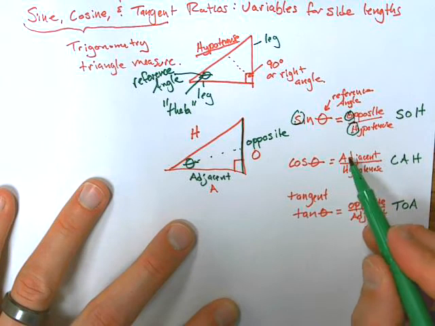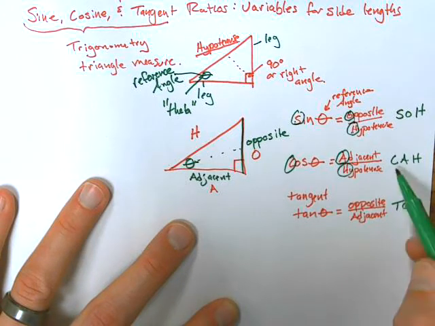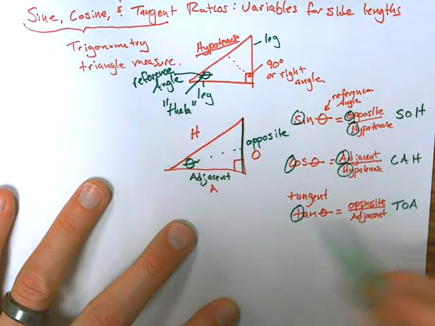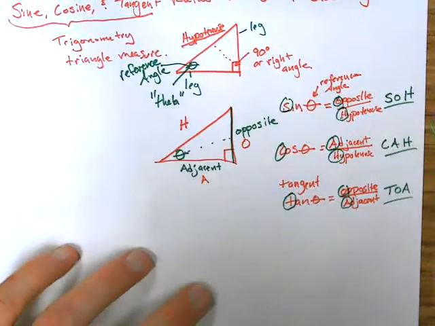Cosine is the adjacent over hypotenuse, CAH. And then TOA really is tangent, is the opposite over the adjacent. So if you remember SOH-CAH-TOA, you probably will have these memorized.